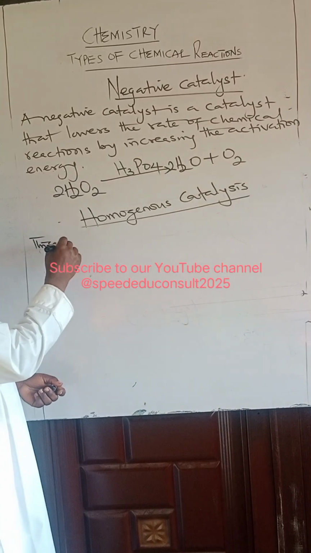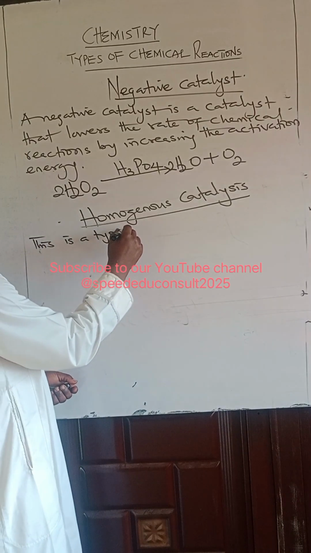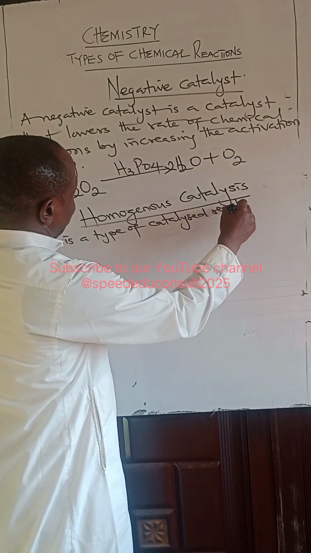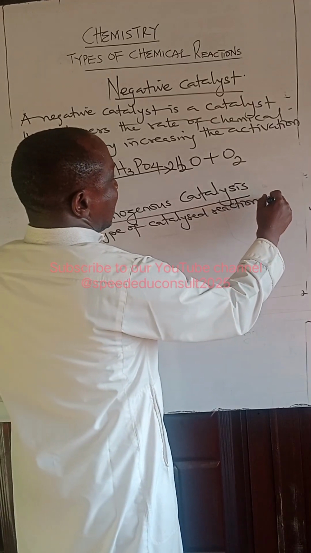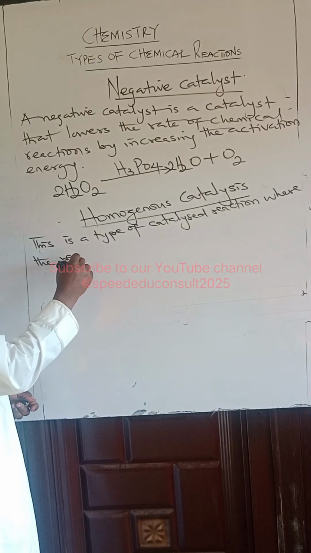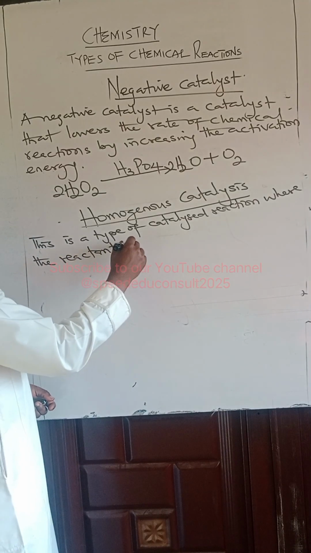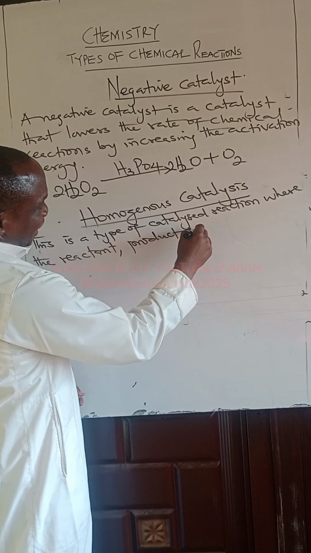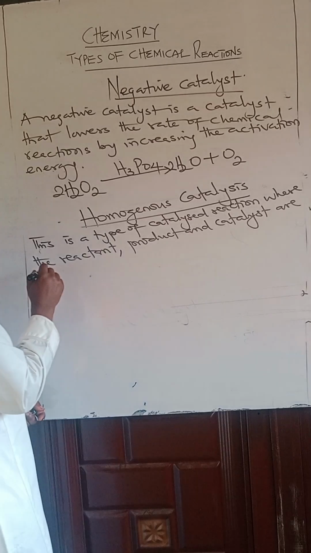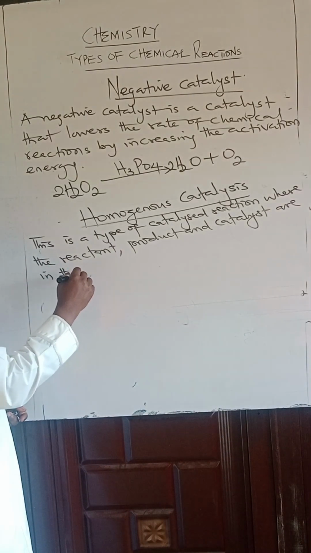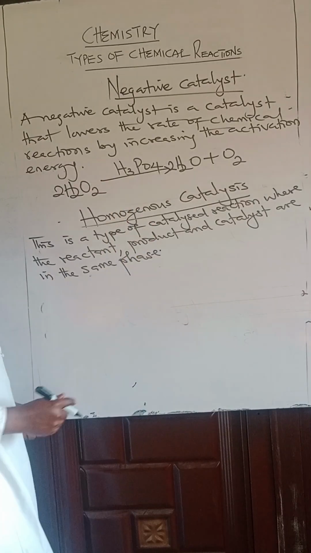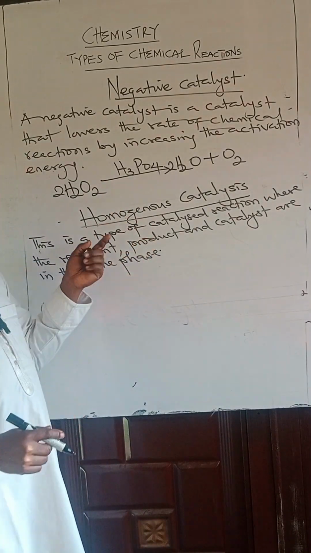It is a type of catalyzed reaction where the reactants, product, and the catalyst itself, the three, are in the same phase, meaning the same physical state. We call it homogeneous. The word homo in science means the same.